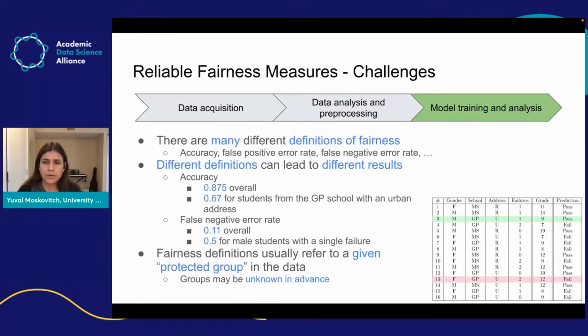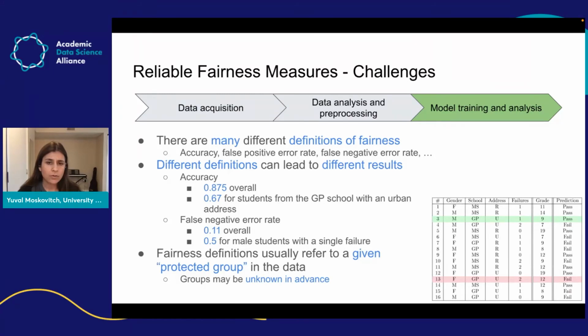The final step in the pipeline consists of an analysis of the resulting model. One aspect of this analysis is fairness assessment, and there are many ways to define fairness. I'm not going to talk about all of them, just to mention a few.